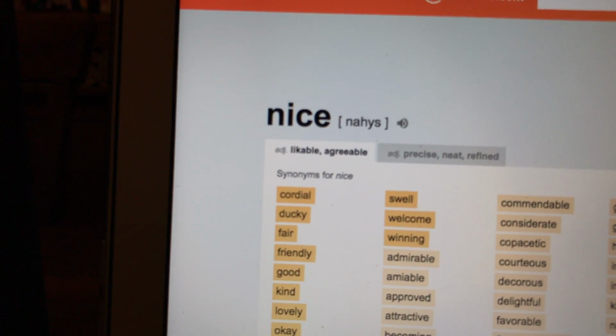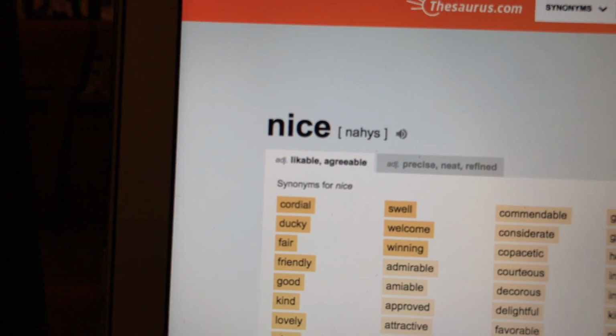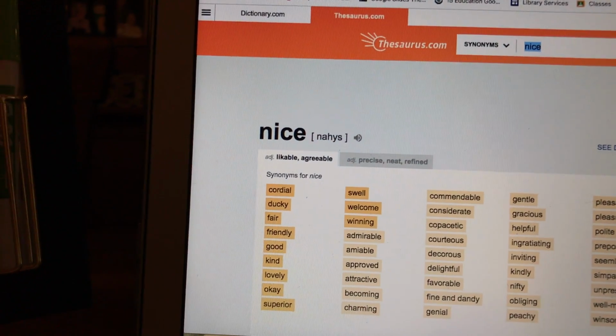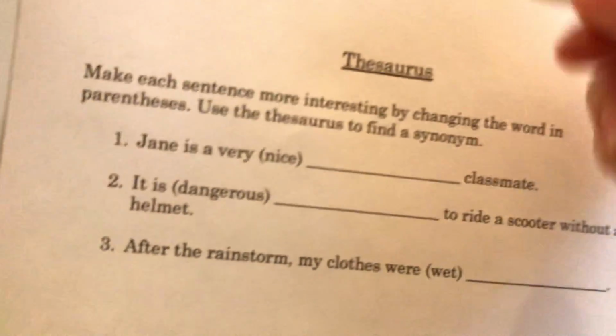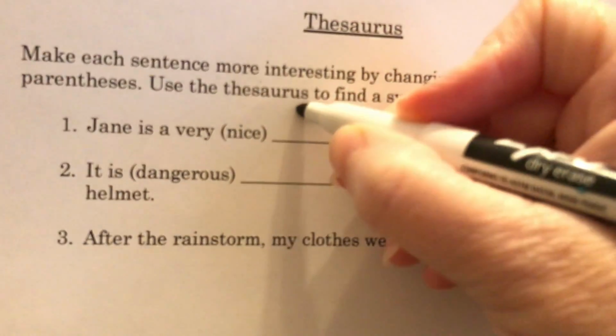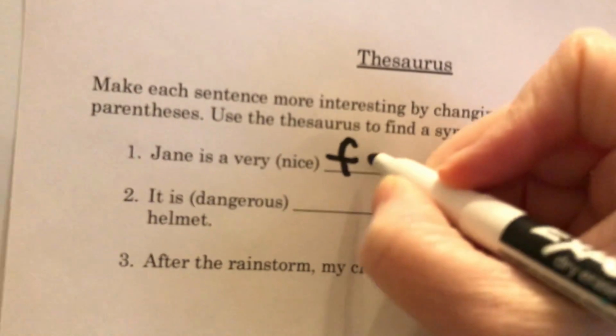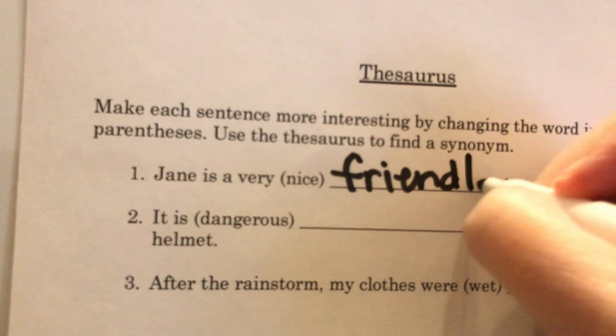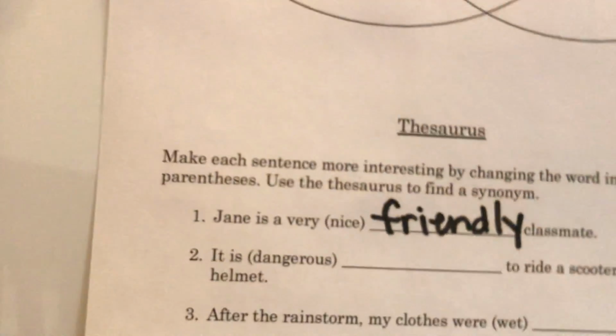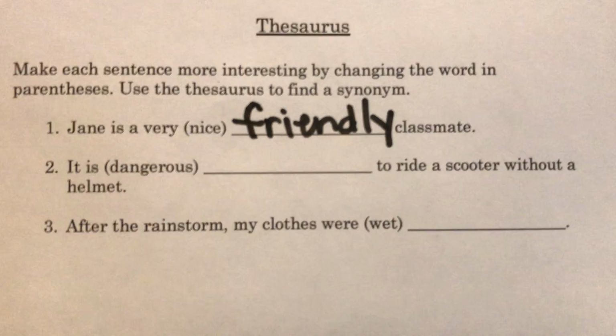We could use a friendly classmate. We could use lovely. Let's use friendly. Okay, so Miss T is going to come over here, and we can change nice to friendly. Good job, guys. So Jane is a very friendly classmate.